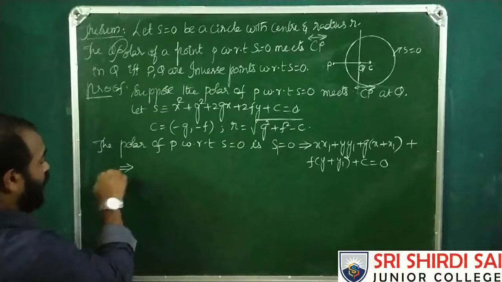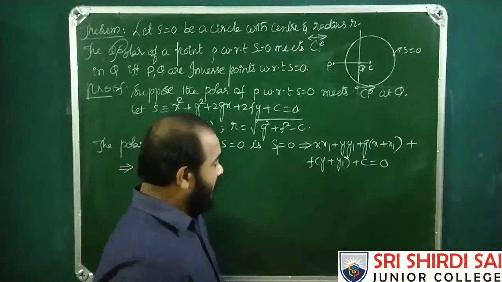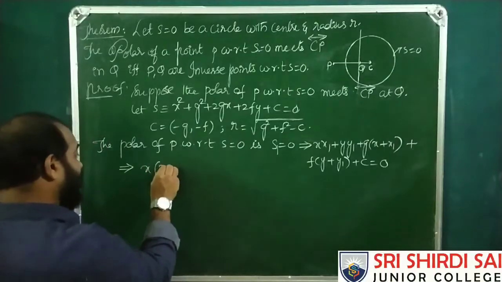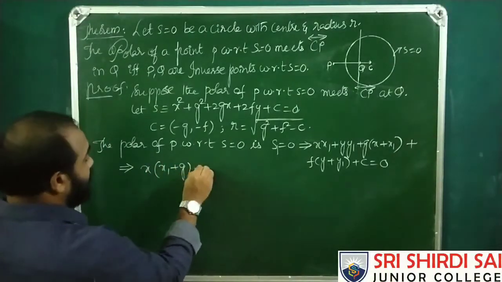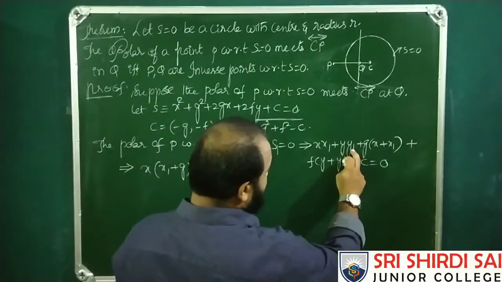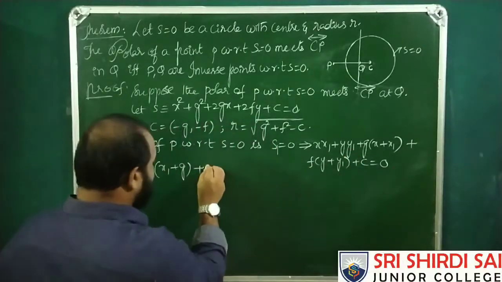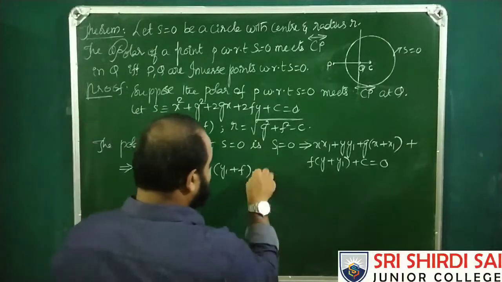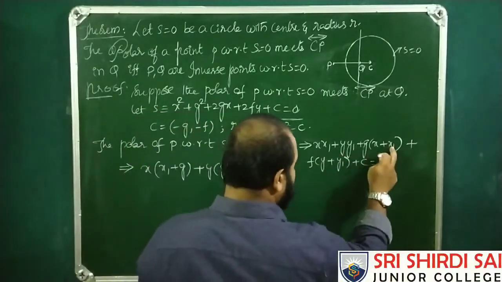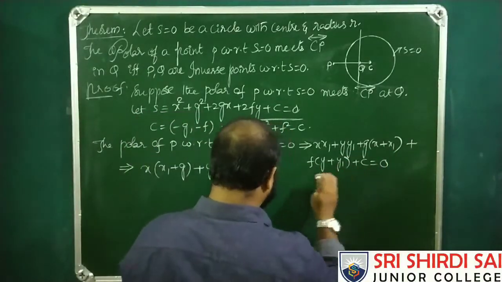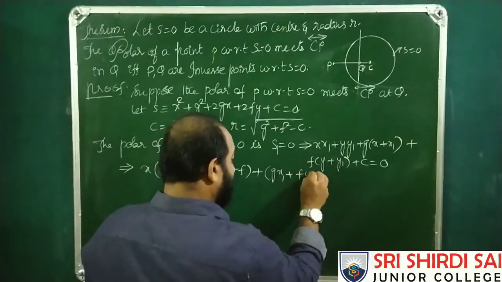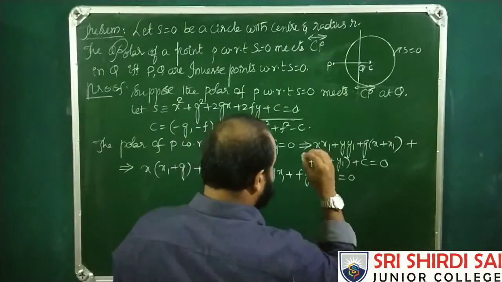So if you put it in order, x x1 plus gx, take x in common, x into x1 plus g, plus y y1 plus fy, take y in common, y into y1 plus f, plus what is remained, gx1 plus fy1 plus c equals to 0.